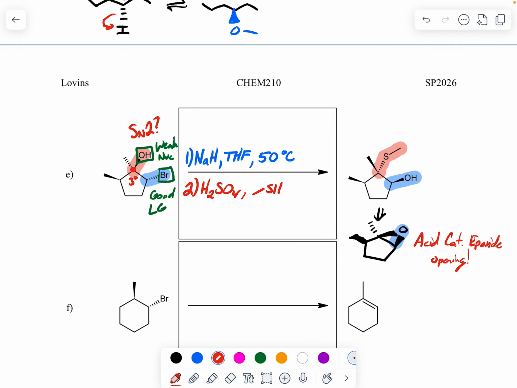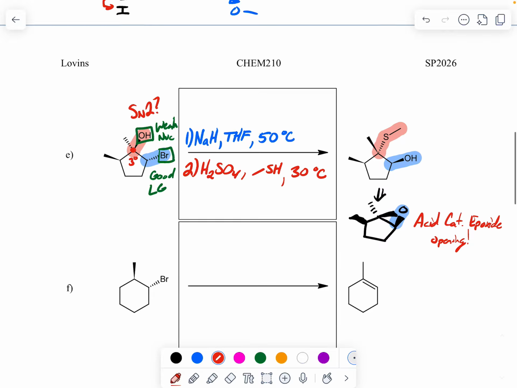So that'll be the weak nucleophilic methyl thiol. So with this, we just need to give it a small amount of temperature, not too much. This could honestly go at about 30 degrees Celsius. And so that will open up that ring while inverting the tertiary carbon stereochemistry.